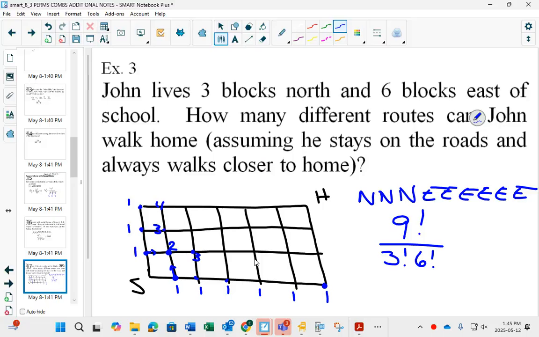So I can fill in these numbers: 4, 5, 6, 7, 3 plus 3 is 6, 10, 15, 21, 28, 10, 20, 35, 56, and 84. And if you typed in 9 factorial over 3 factorial times 6 factorial, that would give you 84.